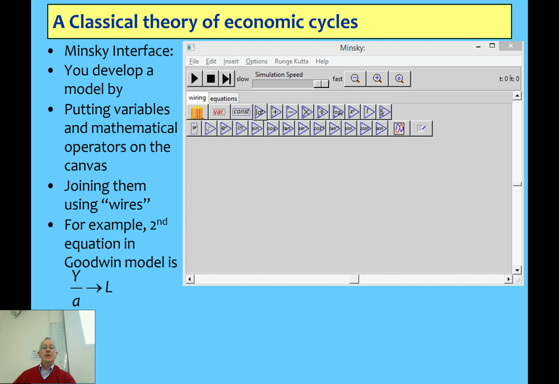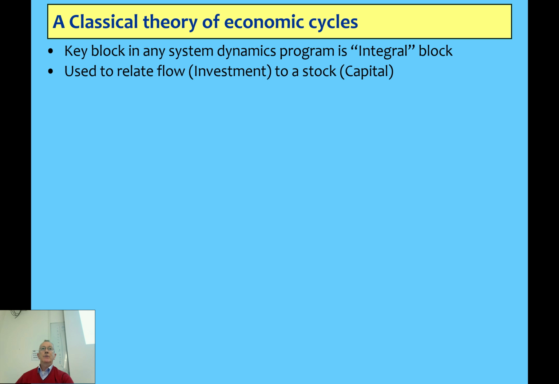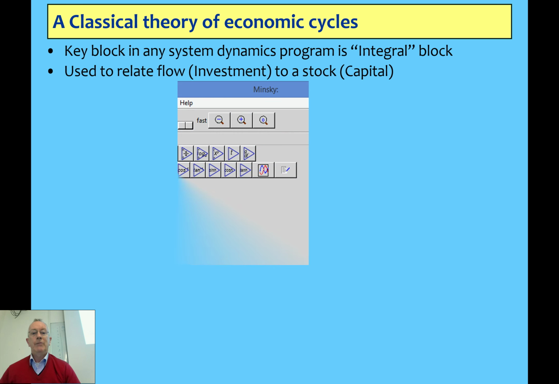So that second equation in Goodwin, as I showed you beforehand, is labour is output divided by labour productivity. Well, you can enter that in two ways in Minsky. You can click on variable up here, which you can see in the interface, and it brings up a window and you name it, or you can simply type straight onto the canvas. And this is one thing which Minsky has that the other software packages don't have. And I'll show you that in a moment.